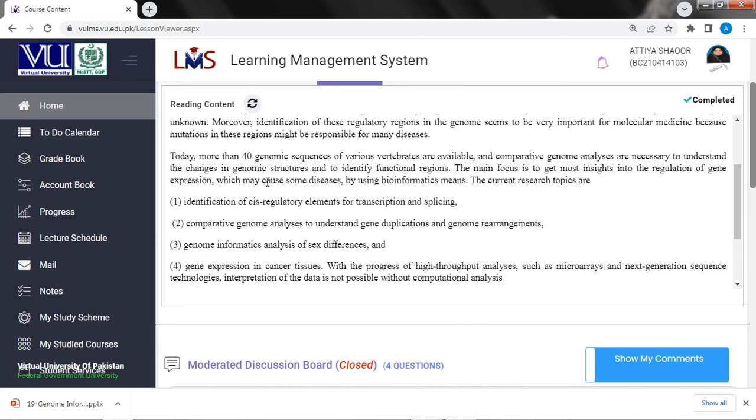Today, more than 40 genomic sequences of various vertebrates are available, and comparative genome analysis is necessary to understand the changes in genomic structures and to identify functional regions. The main focus is to get the most insights into the regulation of gene expression, which may cause some diseases, by using bioinformatics means.